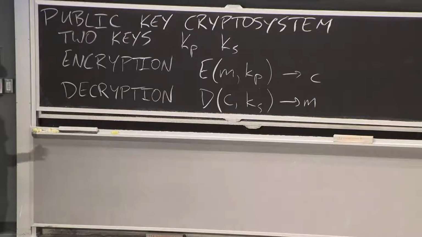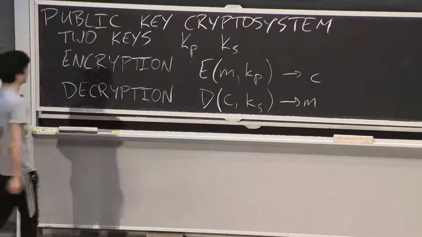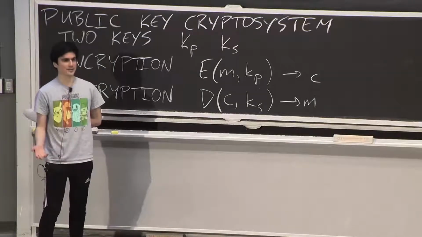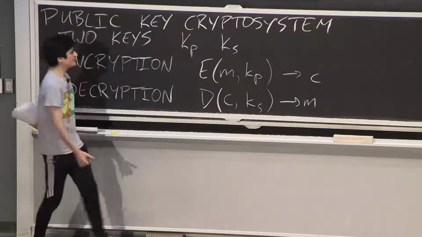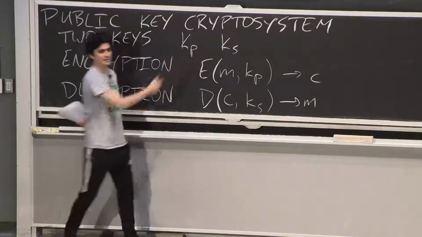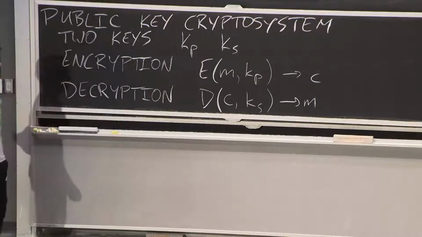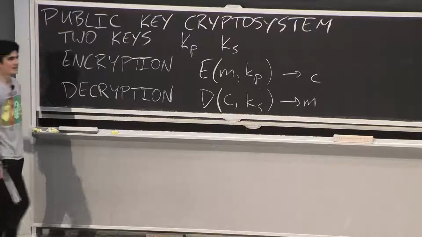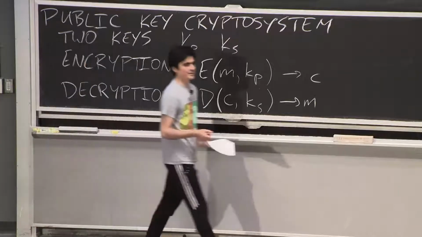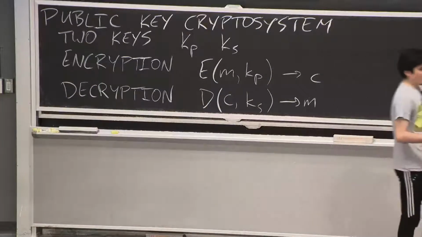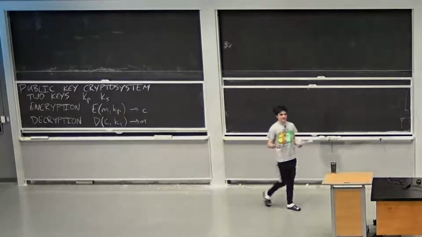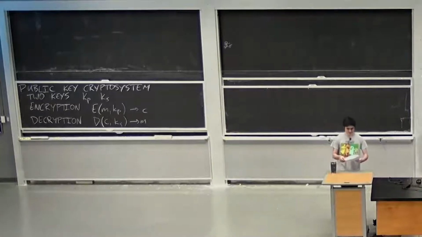This is slightly different from the crypto system that I defined earlier. In that one, these two keys were the same, and so you can't publish KP. Only people who share the same secret key can actually communicate. Here, this allows anybody to send a message.